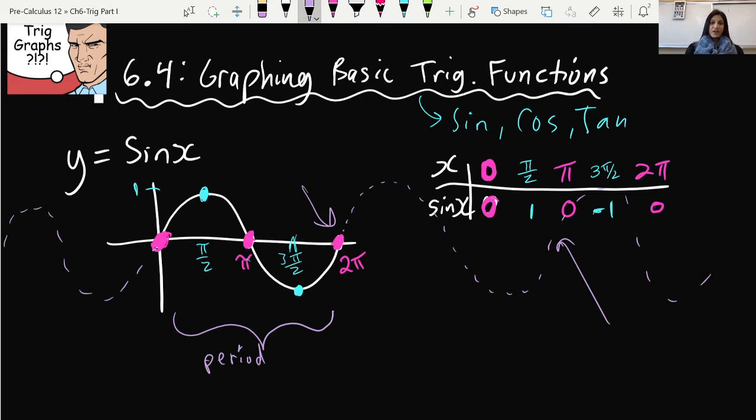The other thing for us to pay attention to is something called the amplitude. If I were to take the y values and chop them in half, a good way to do this is to find the horizontal line of symmetry. In this case, no transformations have happened, so it's just the line y equals 0 that chops the graph in half vertically.